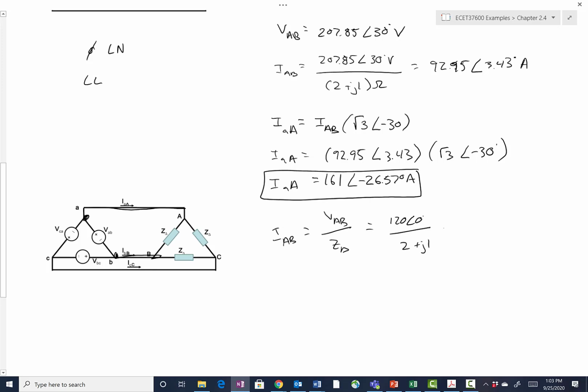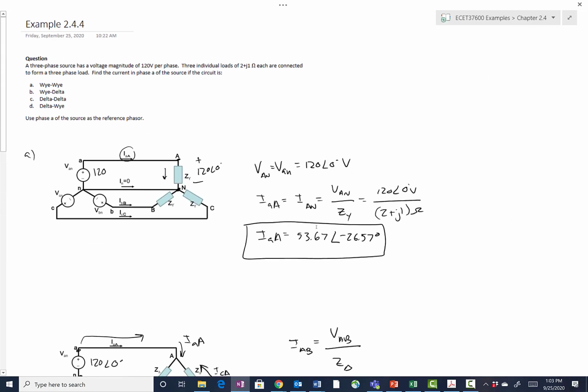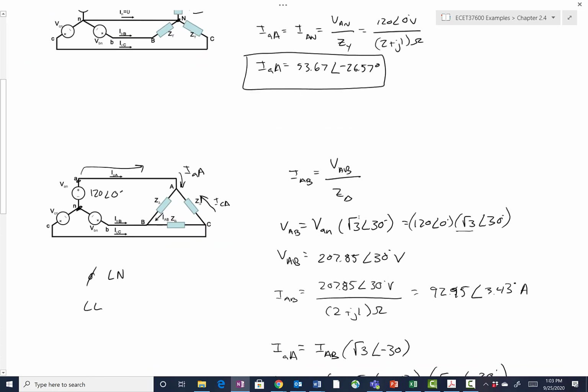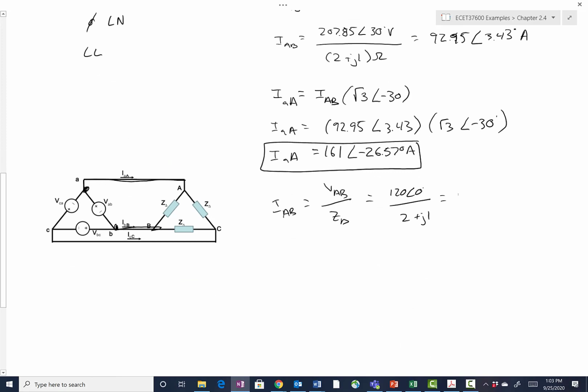And that's the same calculation we did up here. So we get 53.7 at angle negative 26.6. So that tells us what that current is right there.